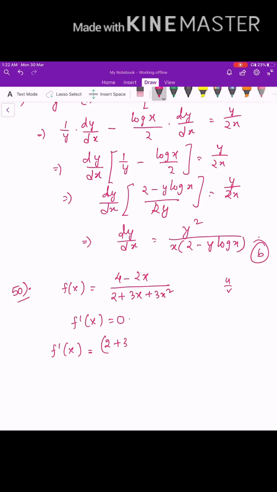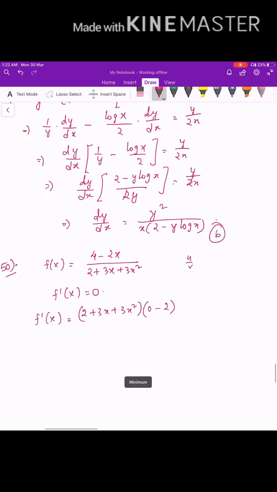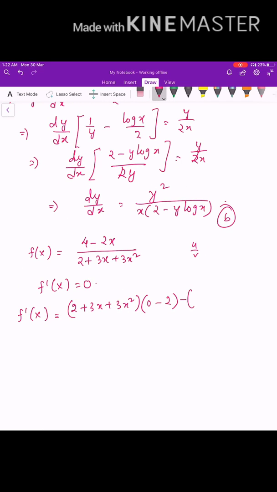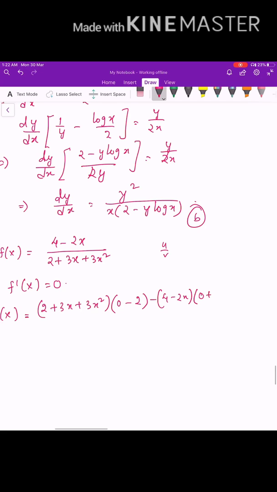So v into differentiating the first, 0 minus 2x gives minus 2, minus first term into differentiating the denominator, 0 plus 3 plus 3 into 6x. You can take your time, you can pause the video and solve.